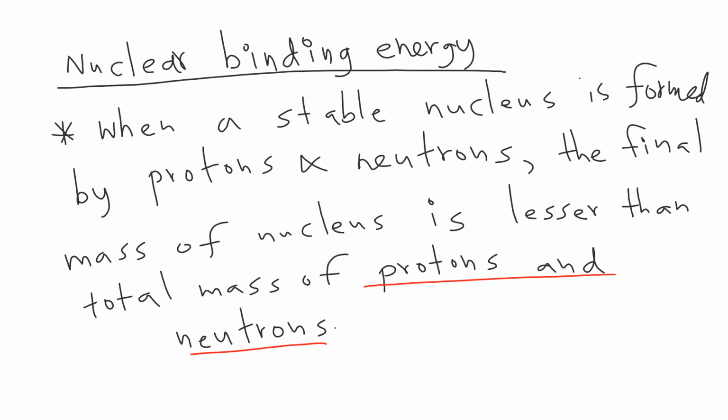Now, normally it should be equal according to our general knowledge. The total mass of protons and neutrons should be equal to the final mass.